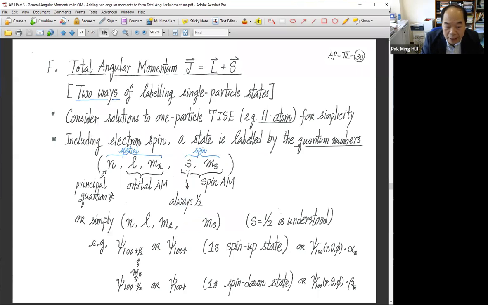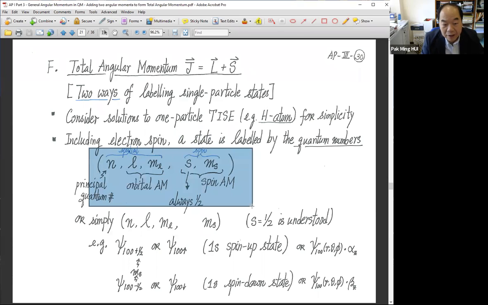So formally, a state of the electron in an atom can be classified by this group of numbers. We call them quantum numbers, but you need those labels.